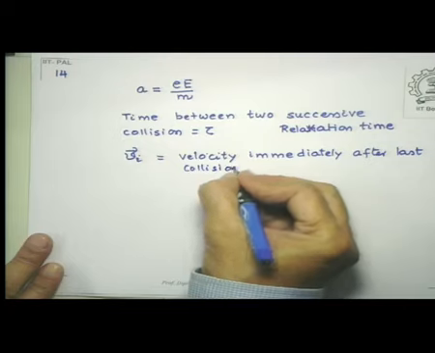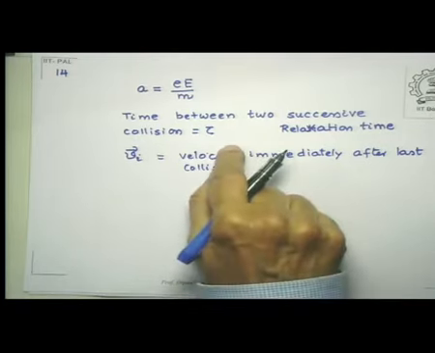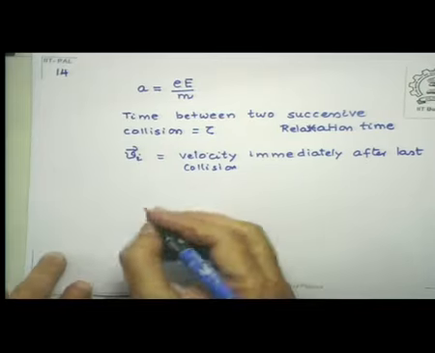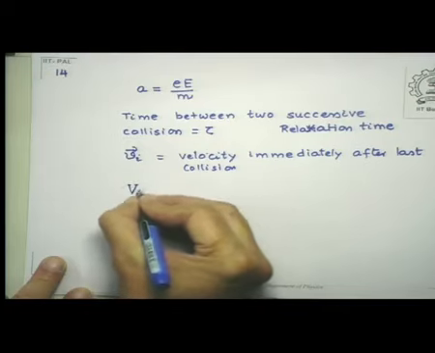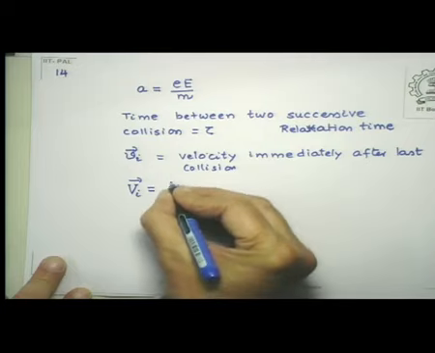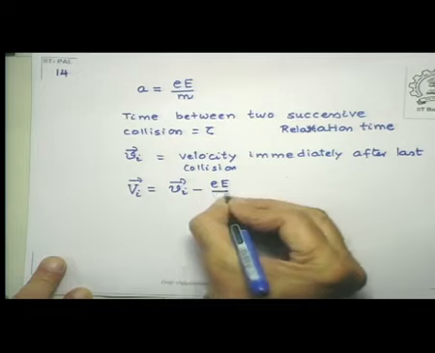Then in time t, which is less than tau, because in time tau on an average there would be another collision, but before the next collision occurs, the velocity, let us call it by capital V, is given by the usual formula Vi minus E over m into t.